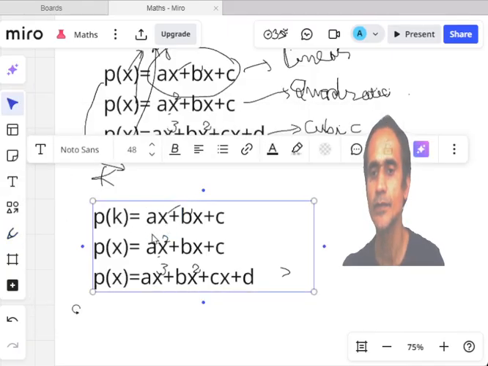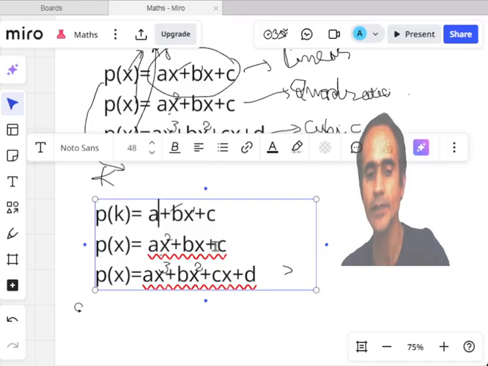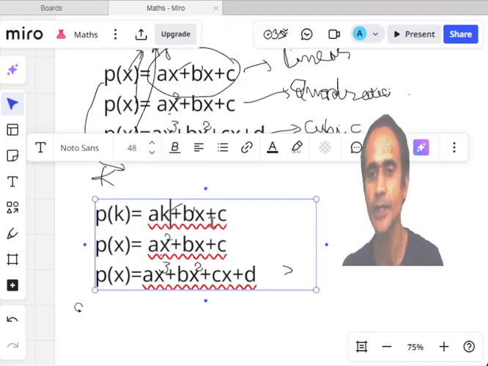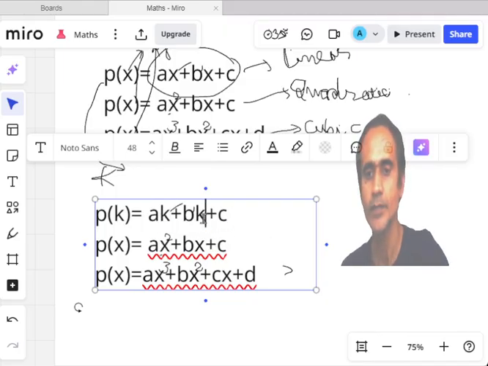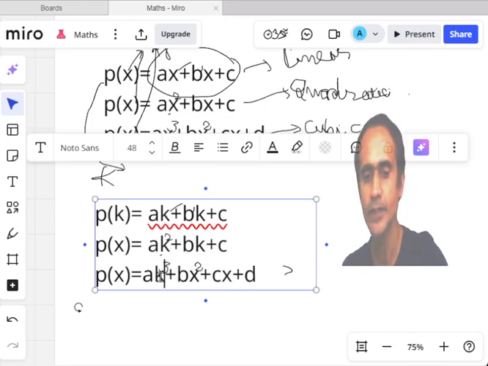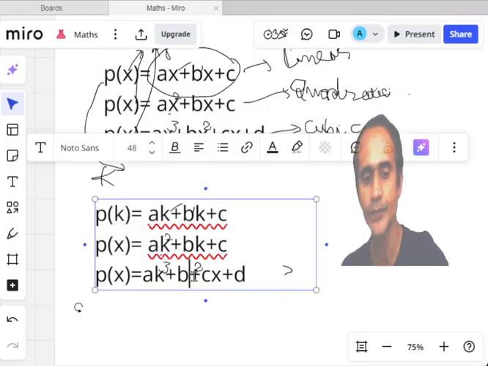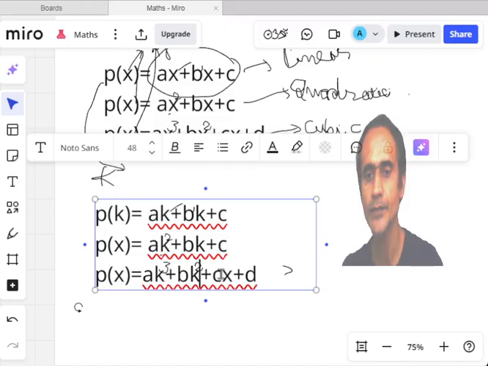So if we replace x by k, this equation will become: the value of p(x) at k will become ak plus b, then ak square plus bk plus c, then ak cube plus bk square plus ck plus d.